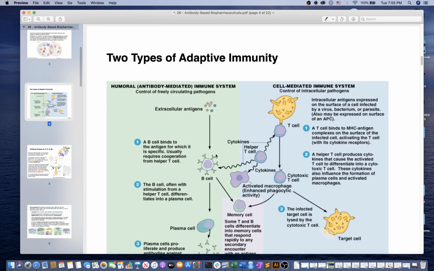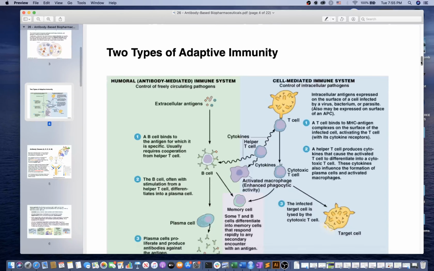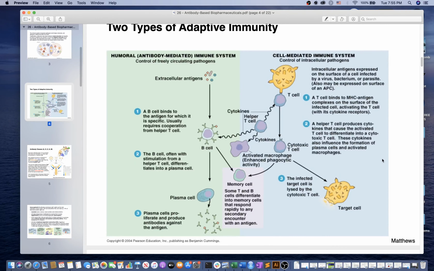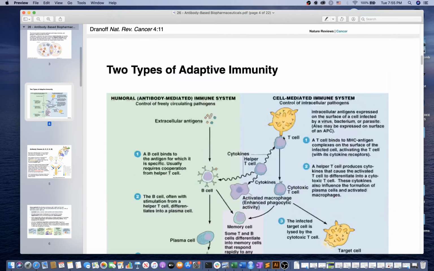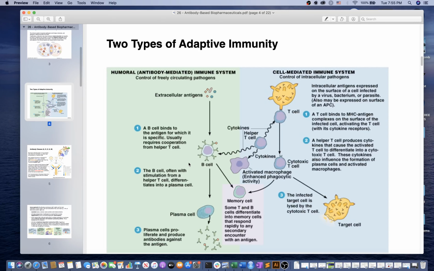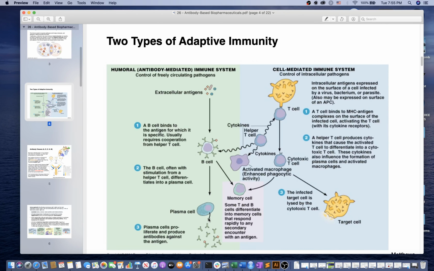So slide 4. Both are adaptive immunity. This one goes through B cells, and that one through T cells. What you want to know is that this antibody type of immune response happens for extracellular antigens.